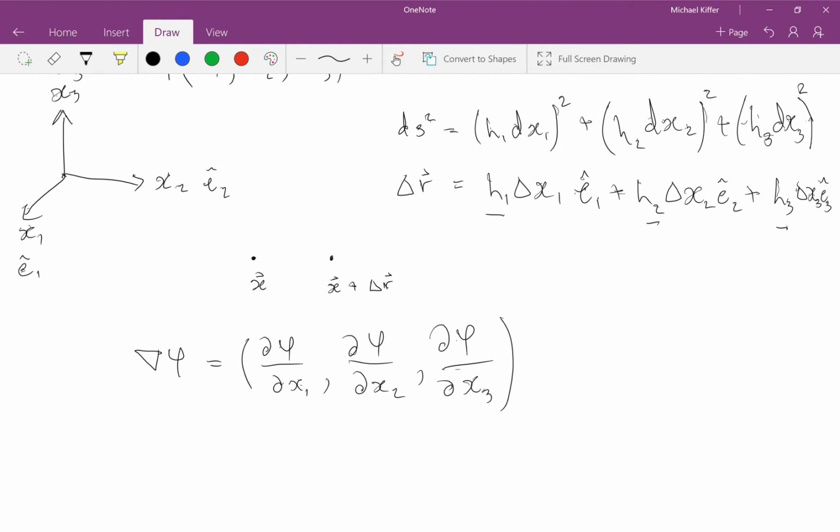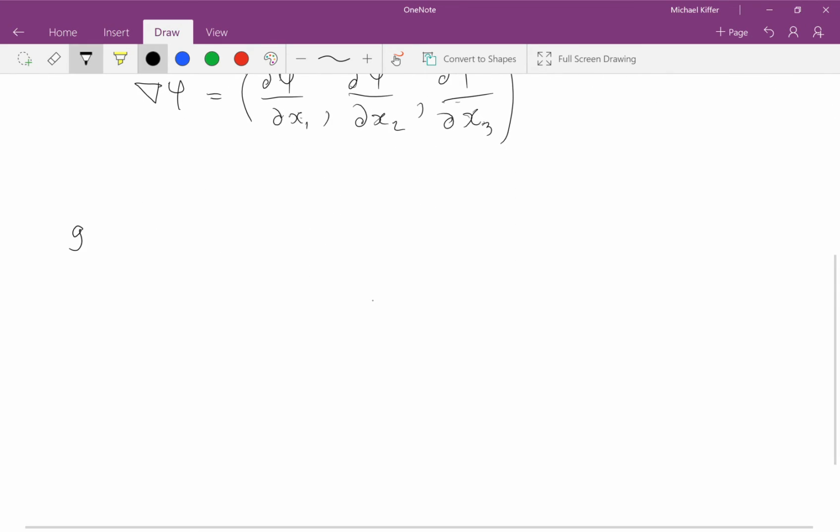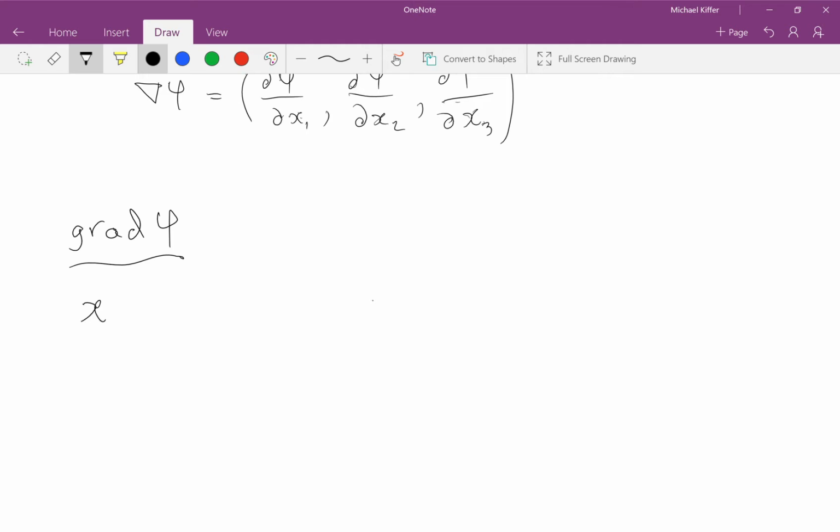Now, to derive grad of some scalar function phi, we'll start with the x1 direction.